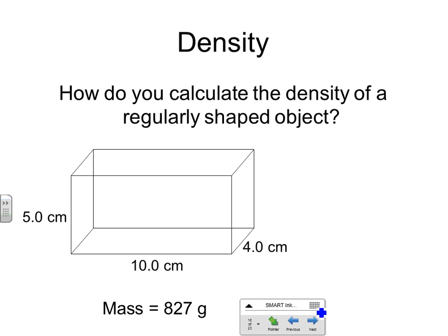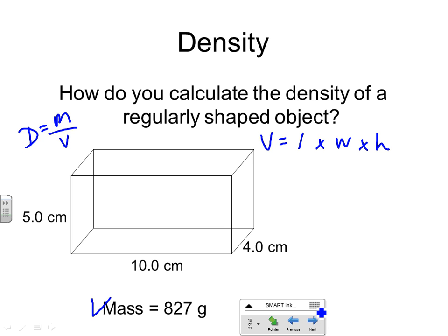So if you have a regular object, we have a rectangular prism here. If you wanted to calculate the density, you need two values. You need mass, because density is mass over volume, which we have the mass right here. And the volume is the only thing that we need to calculate. So calculating the volume, knowing that it can be various units, volume of a rectangular prism is length times width times height.